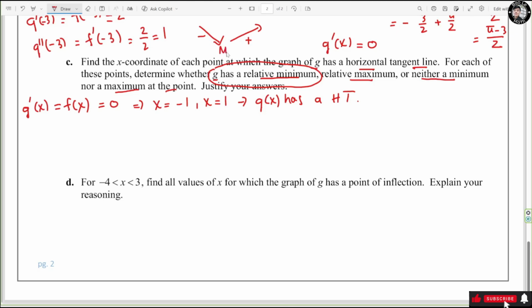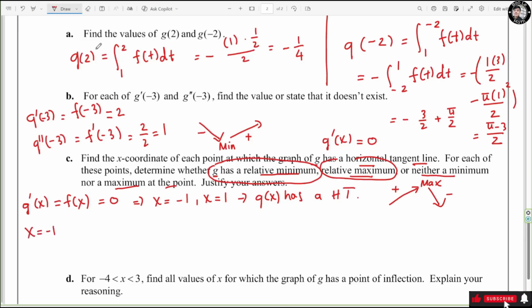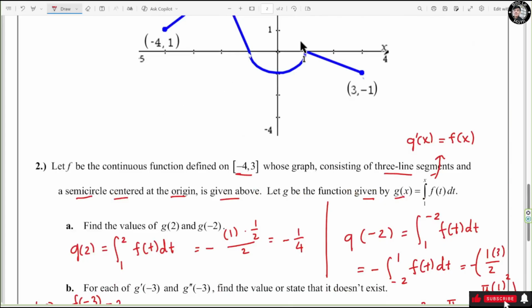Similarly, a relative maximum when g prime changes sign from positive to negative at these critical numbers. Now we're gonna check s equals negative 1, right here. We see that the function f of s changes sign from positive to negative, which means going up and then going down. This one is the maximum, right?